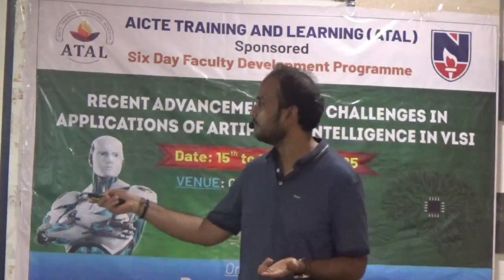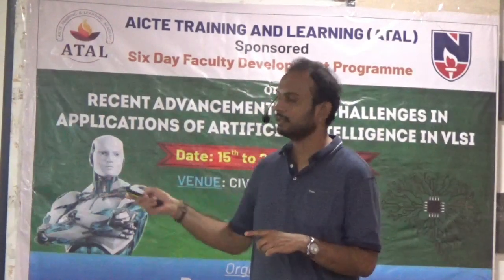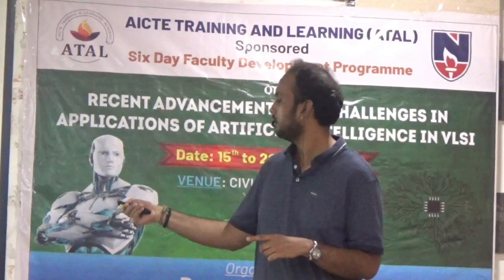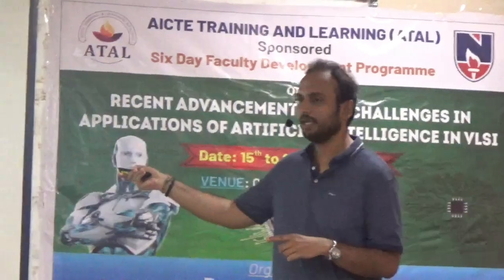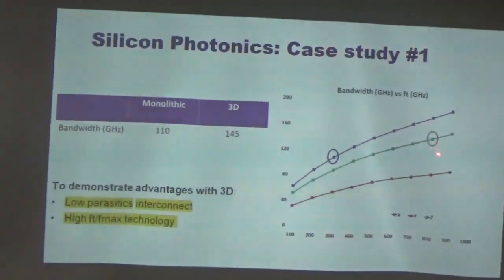Now what happens when we have higher FT max? When we use this FT max and look at this curve, because of 800 gigahertz, we can still be here. So rather than comparing here, we should compare at this point.